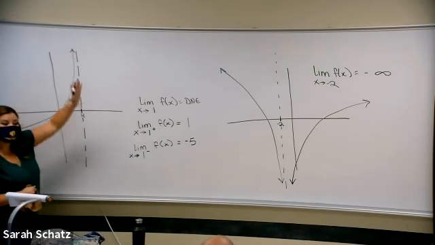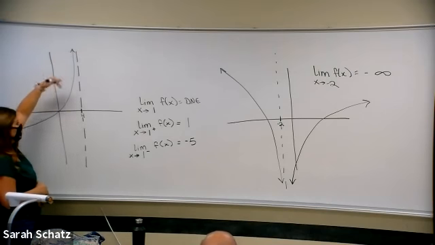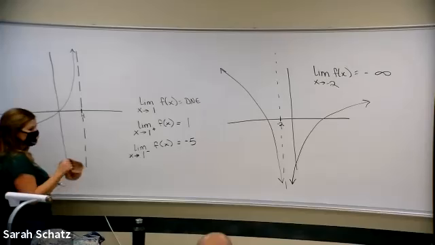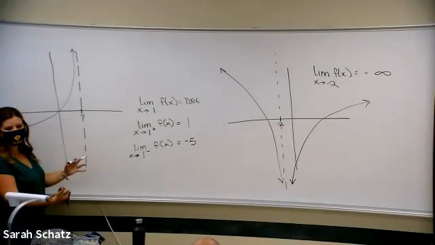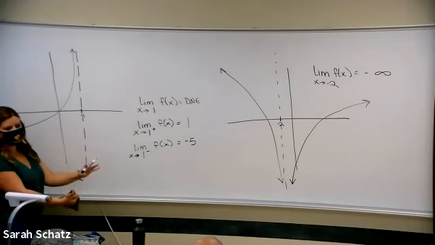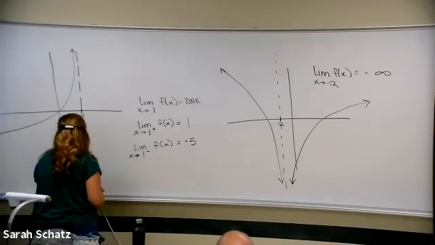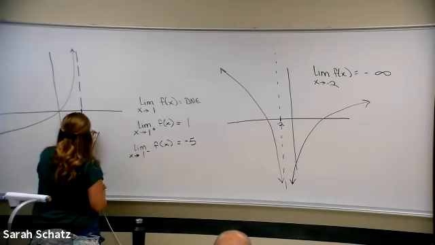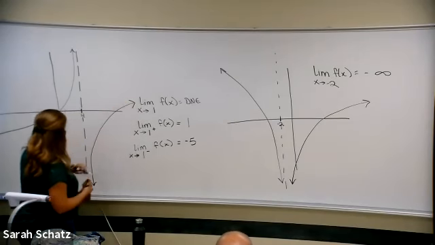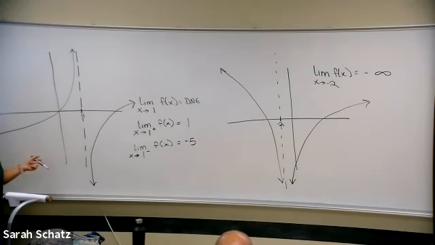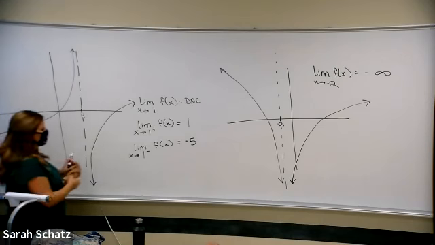So it looks like it's going toward positive infinity as it approaches 4. But something happens from one side of 4 to the other, and this part of the graph actually comes from down here. So this actually happens a lot. There's a lot of functions that are graphed like this. So I want to talk about 4.